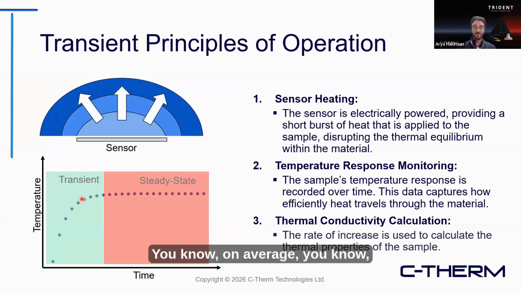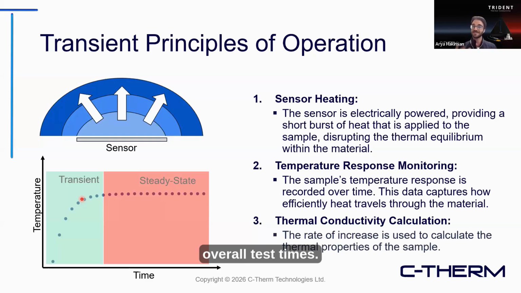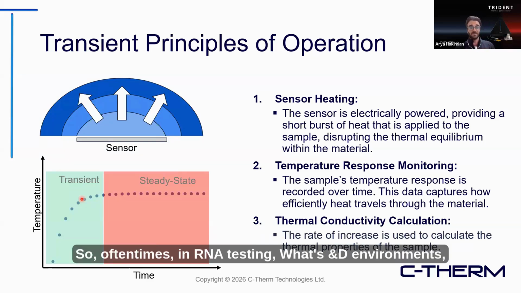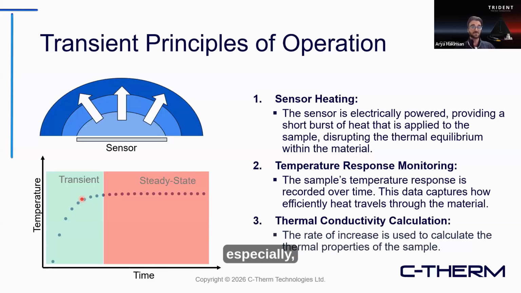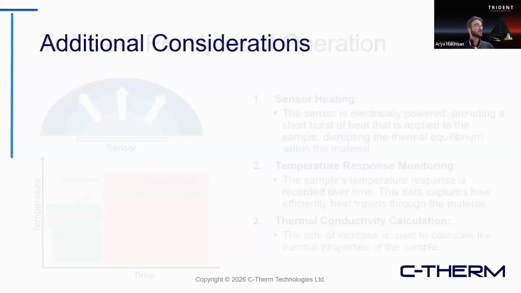On average, we're looking at seconds to minutes in terms of your overall test times, compared to hours or days with steady state. So oftentimes in R&D environments especially, transient has some nice benefits just from the speed of measurement alone.